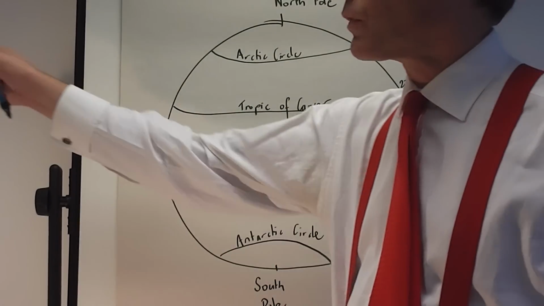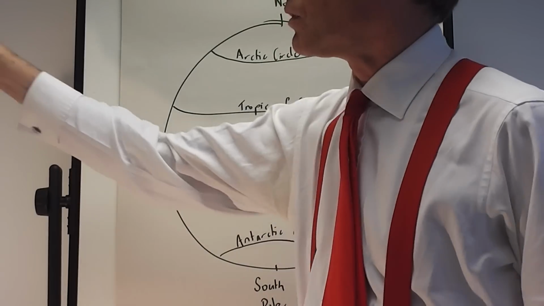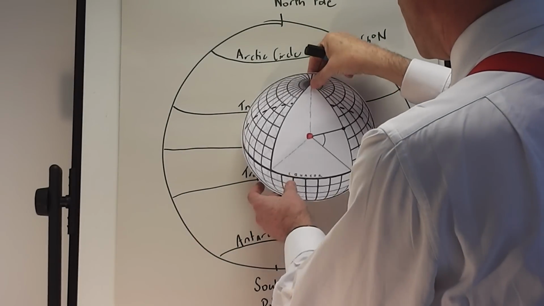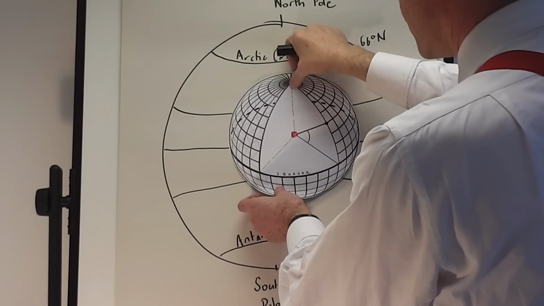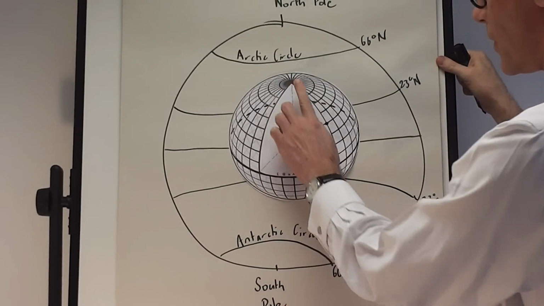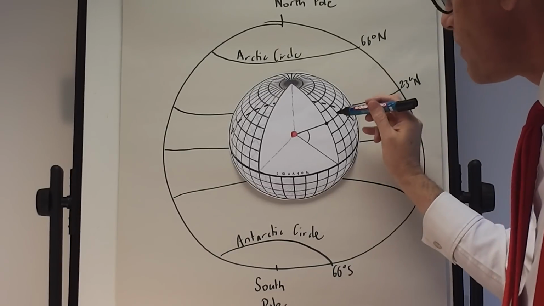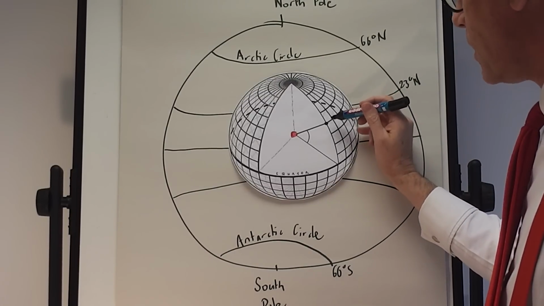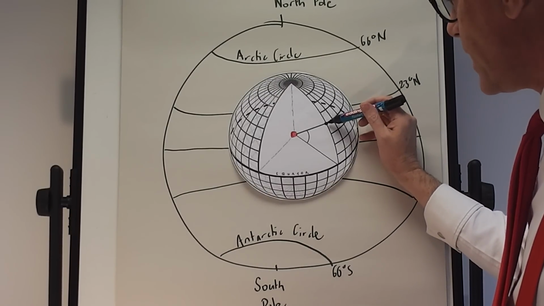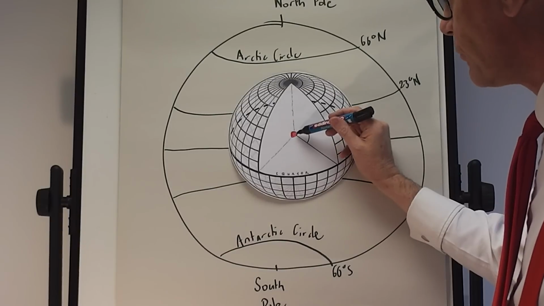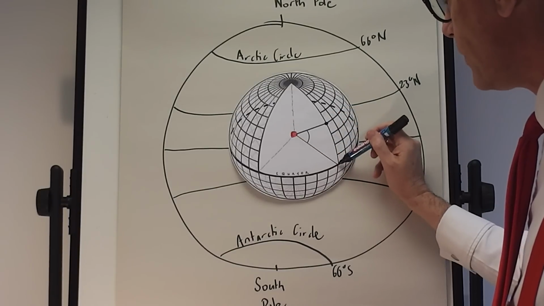Now let's talk for a moment about what these lines of latitude actually mean. Let's have a look at this globe here. So the line of latitude is the angle between a place, the centre of the Earth, shown by this red blob, and the equator.